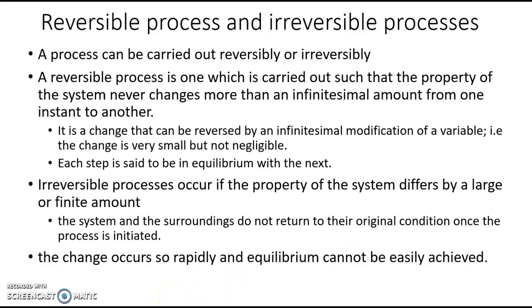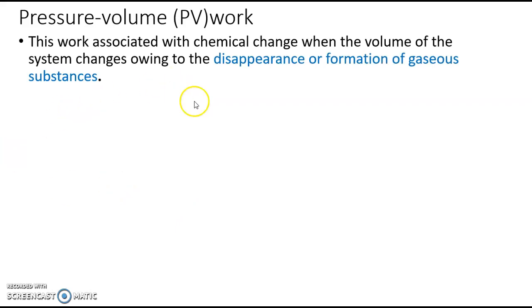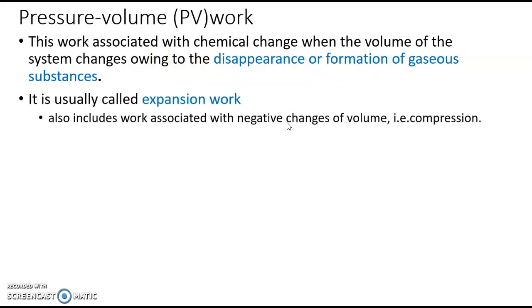So we'll be looking at pressure-volume work. Let's quickly introduce it, and then we'll consider the different conditions in the next video. Pressure-volume work is work associated with chemical change when the volume of the system changes as a result of the disappearance or formation of a gaseous substance.